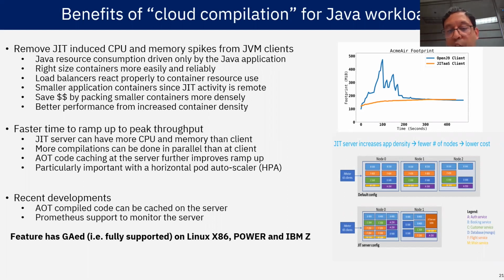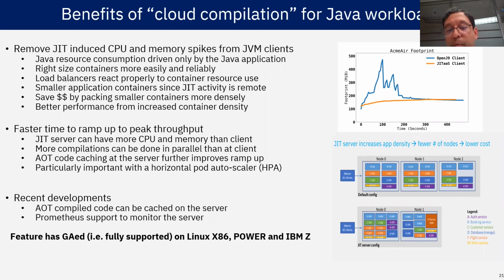Even with an extra JIT compiler, a JIT server in the mix, it still comes out to be a net positive because there's a temporal aspect to how these clients are requesting compiles. If you put a JIT compiler in JVM container, it's there and it's taking up resources and you have to budget for it all the time.